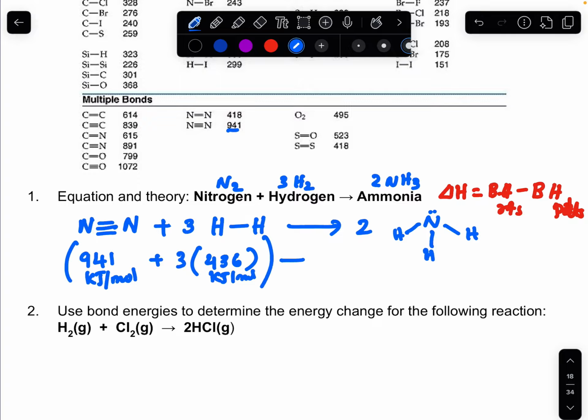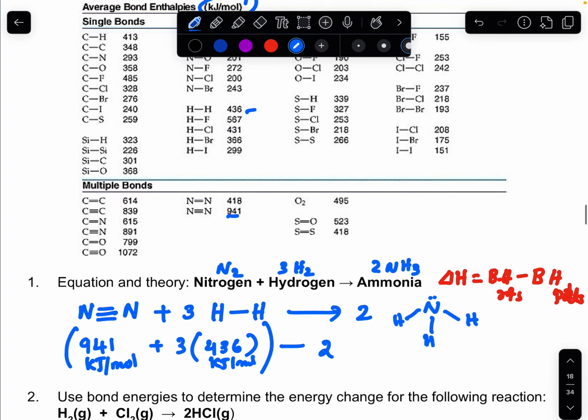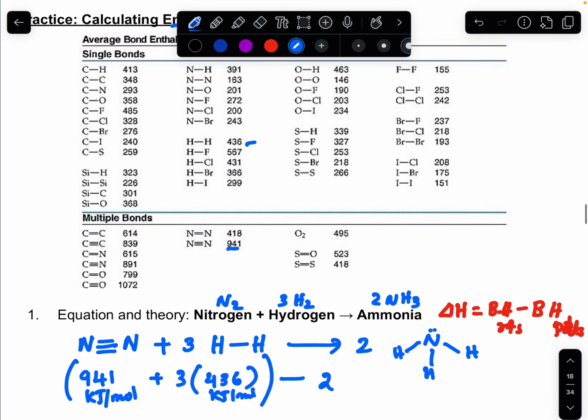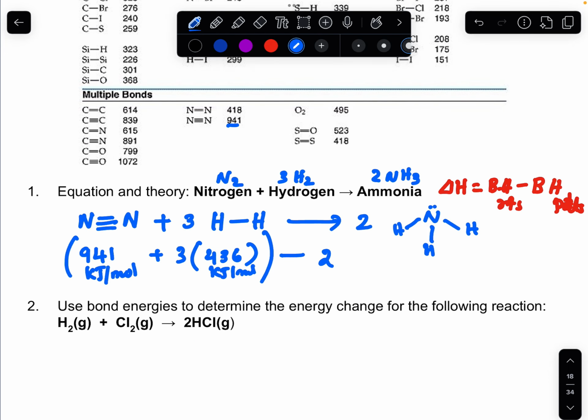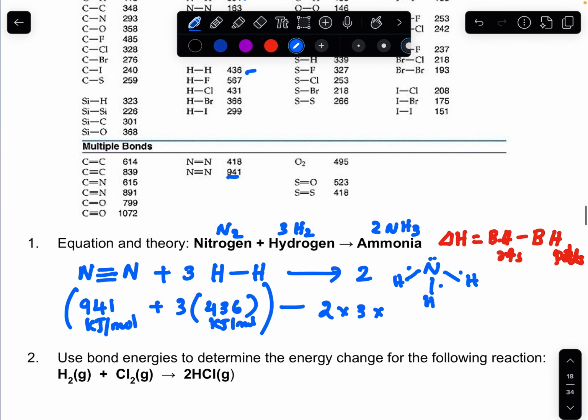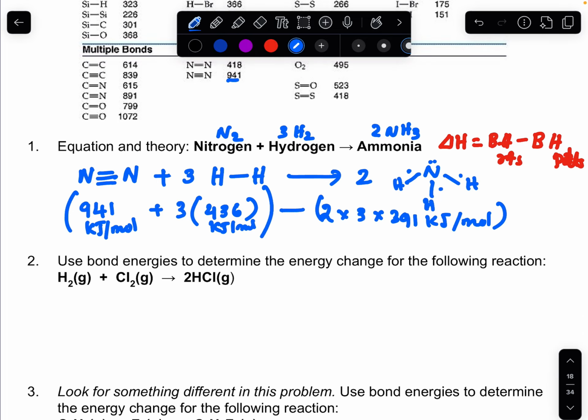You have to do this operation first, then minus 2 times N-H bonds. What is the value of N-H? 391. But how many N-H bonds are here? 1, 2, 3, so you have to multiply again, 3 times N-H. What was the value? 391 kilojoules per mole. We'll do this and subtract, and you will get the final answer.